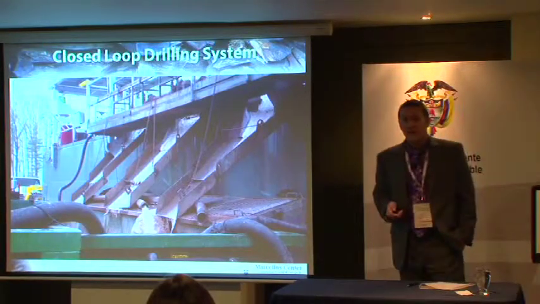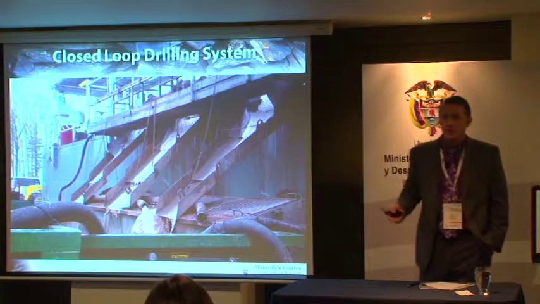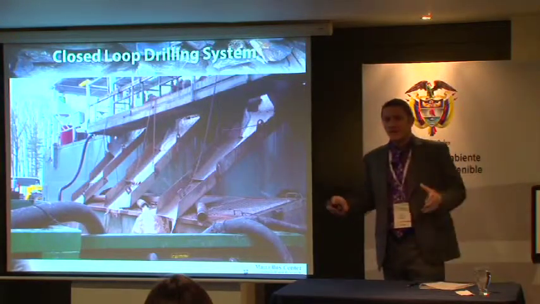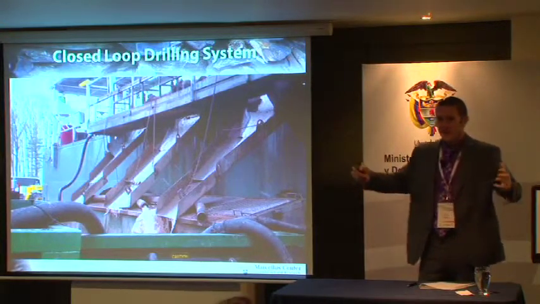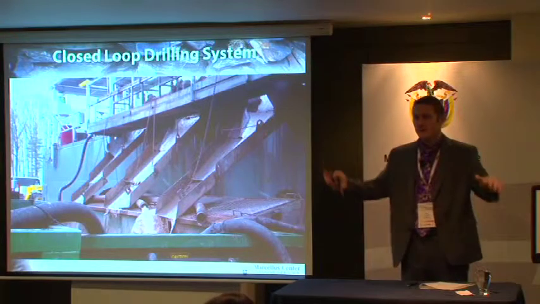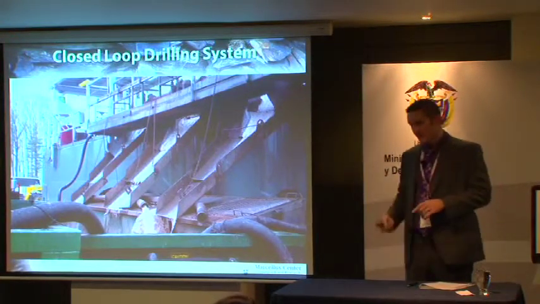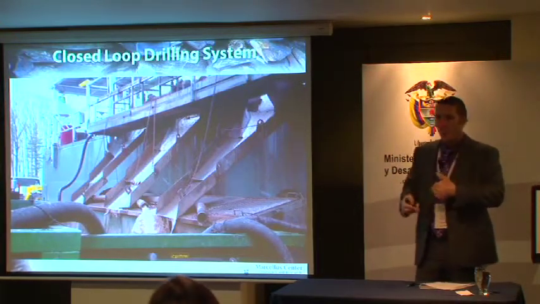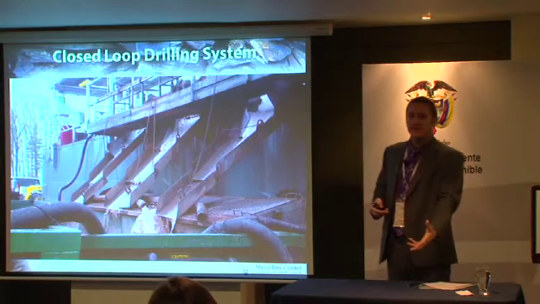We're also seeing many of the companies use what we call a closed loop drilling system. Initially, when many of the companies began operating in the shale basins, they would dig a small pit, put a liner in it, and then the drilling muds that they use to lift the cuttings out of the well and keep the drilling bit cool would basically be left in this pit.